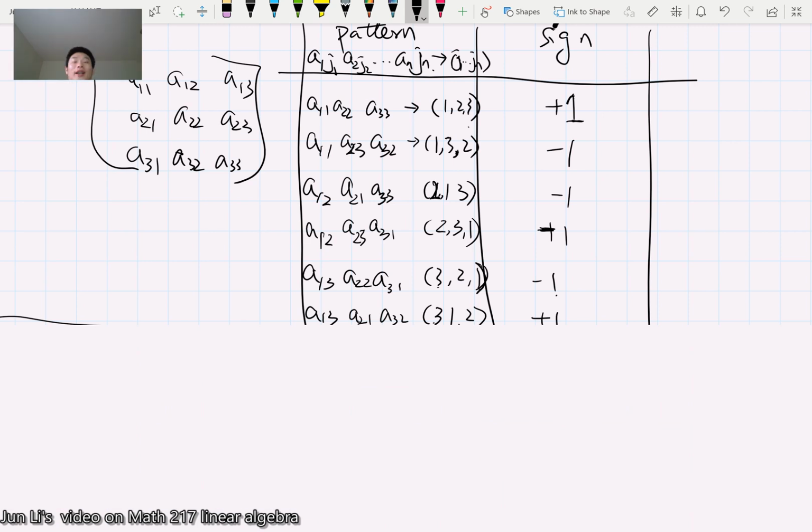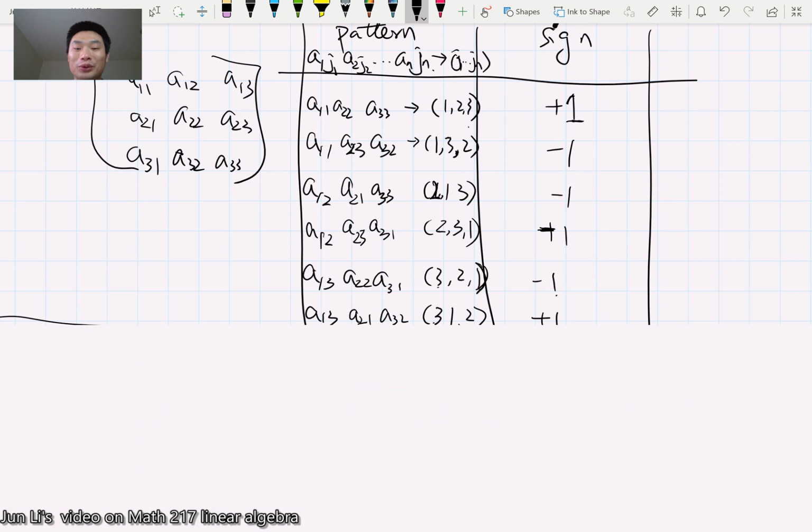Now let's look at the examples. We have A11, A22, A33, which is our natural choice. Because J1, J2, Jn is a reordering, how many different ways do we have to reorder the numbers 1, 2, 3?